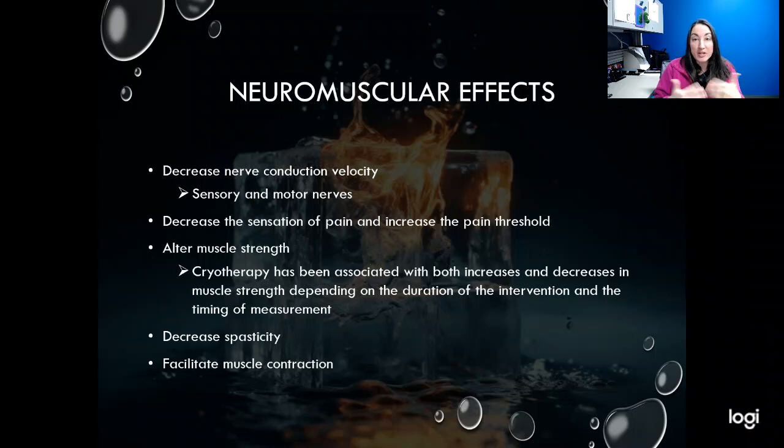So it depends on when you ice, how long you ice, and really what you're using it for. Ice can decrease spasticity and it can facilitate muscle contraction. So again, depending on how long you use it, it could decrease the muscle contraction or it could increase the muscle contraction. So we can use it in different ways.